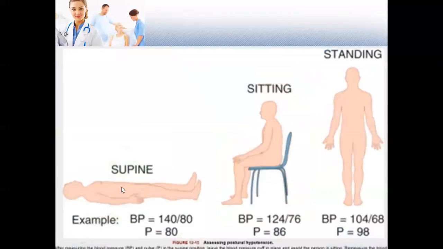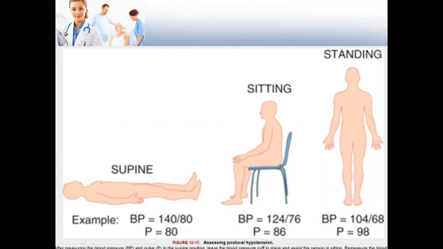So if you measure the blood pressure during supine and sitting, or from sitting to standing, every time the systolic blood pressure should decrease by more than 20 millimeters when the position changes.